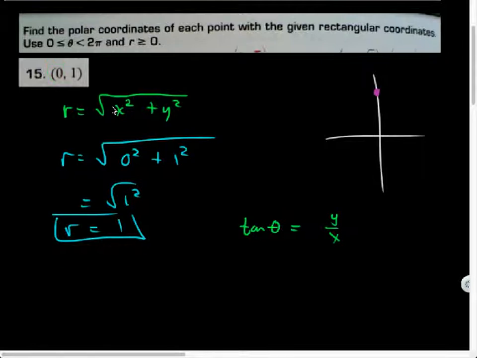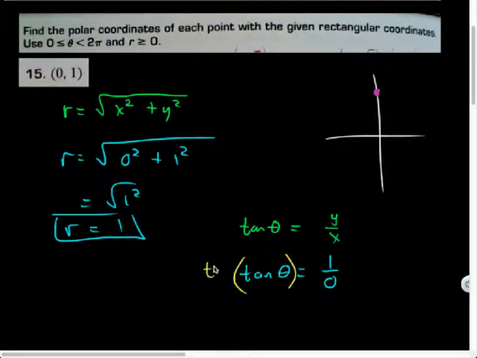So if I wanted to find theta, tan theta is equal to y over x, and you might say that's straight up undefined. You can't divide by 0.